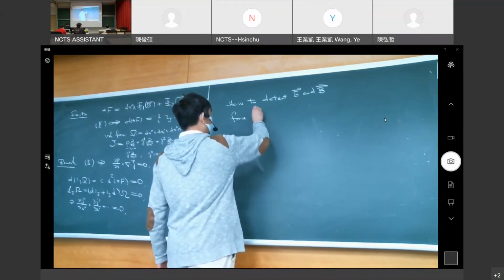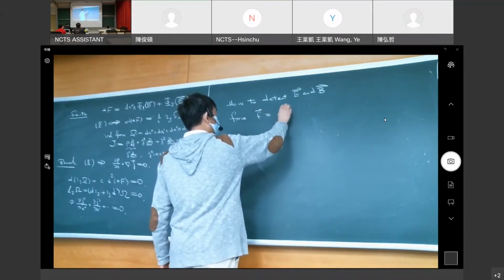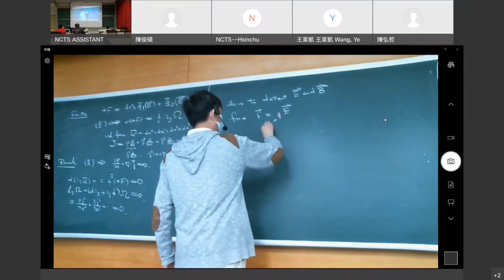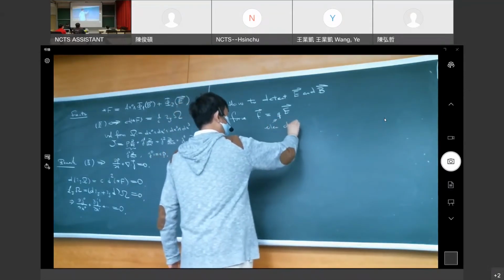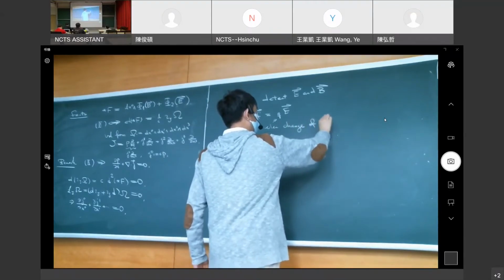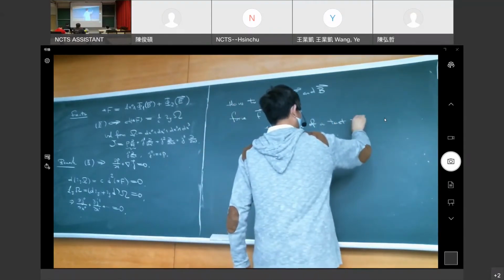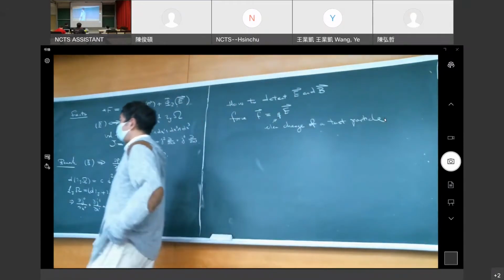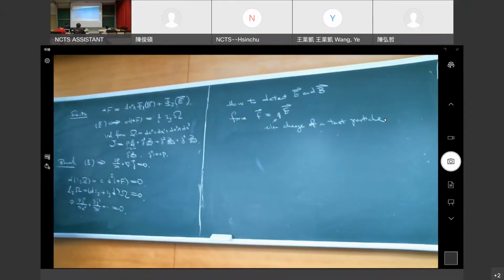So the force is equal to Q times E, where Q is the electric charge of a test particle, and the force is exerted on the particle in a way that cannot be explained other than by an electric field.